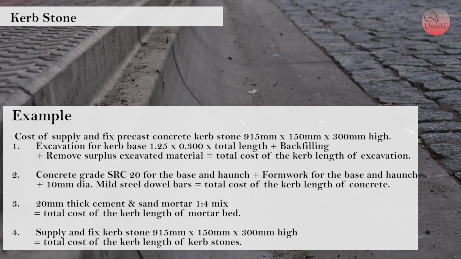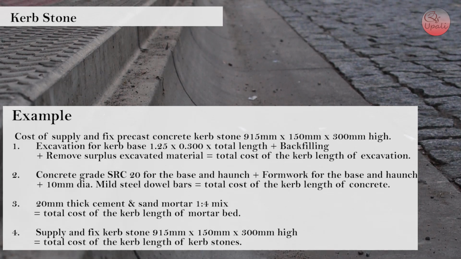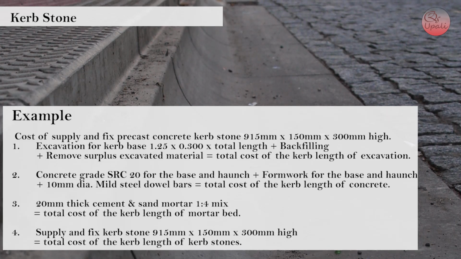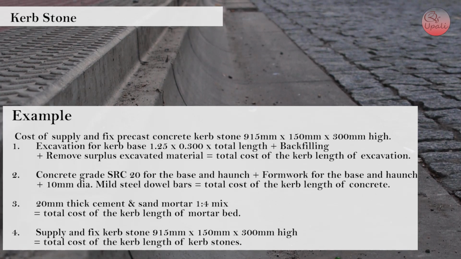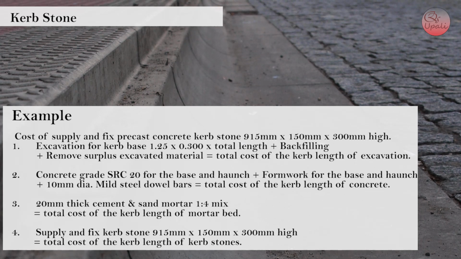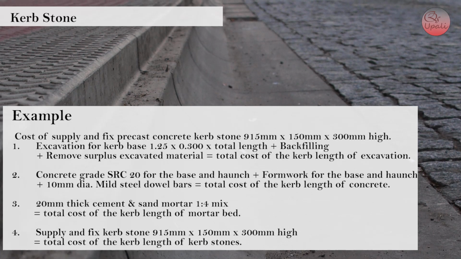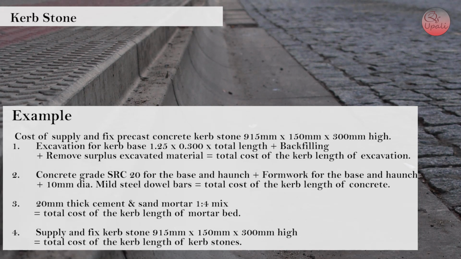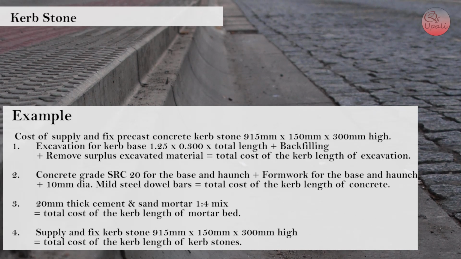Concrete grade SRC 20 for the base and haunch, plus formwork for the base and haunch, plus 10 mm diameter mild steel double bars, equals total cost of the curb length of concrete. 3. 20 mm thick cement and sand mortar 1:4 mix equals total cost of the curb length of mortar bed. 4. Supply and fix curbstone 950 mm by 150 mm by 300 mm high equals total cost of the curb length of curbstones. Thank you.